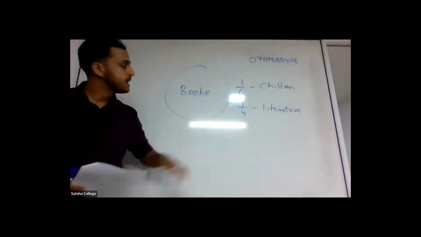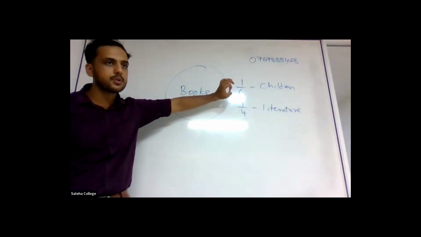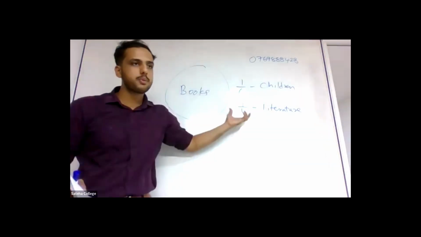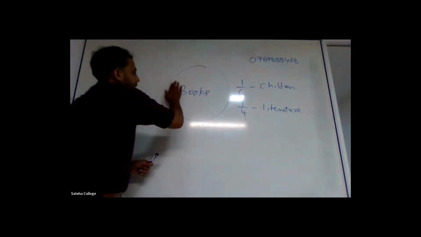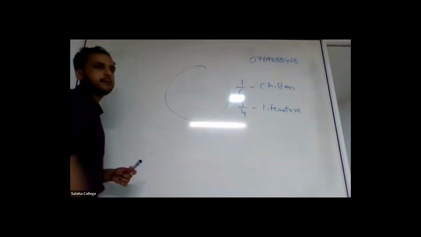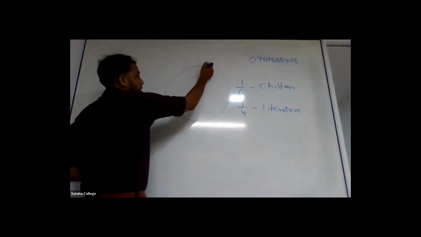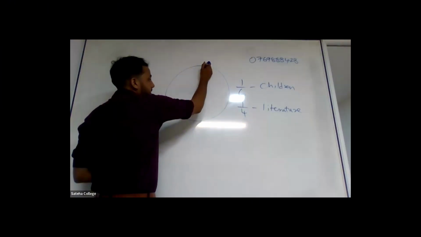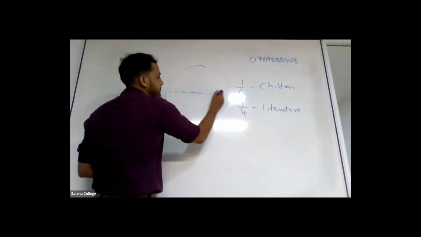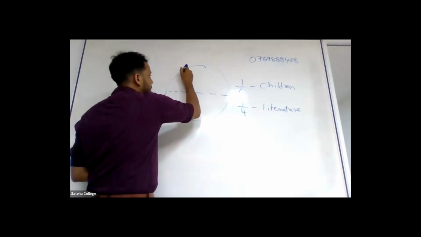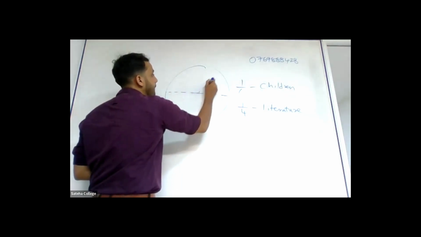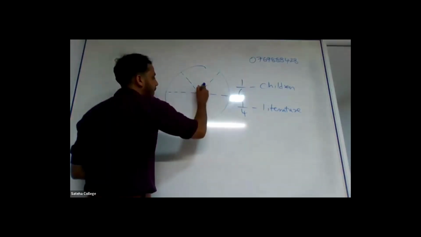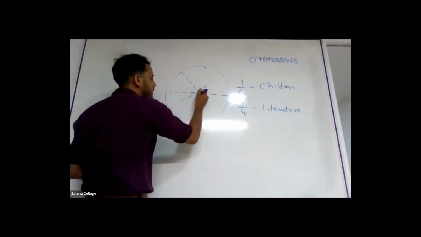Right. Now my question, can you add them directly? Both of them are from the total. Now see here, what happens? I'll just explain with the circles itself to understand better. Right. Now if I divide this into 6 parts, hopefully I can. Right.